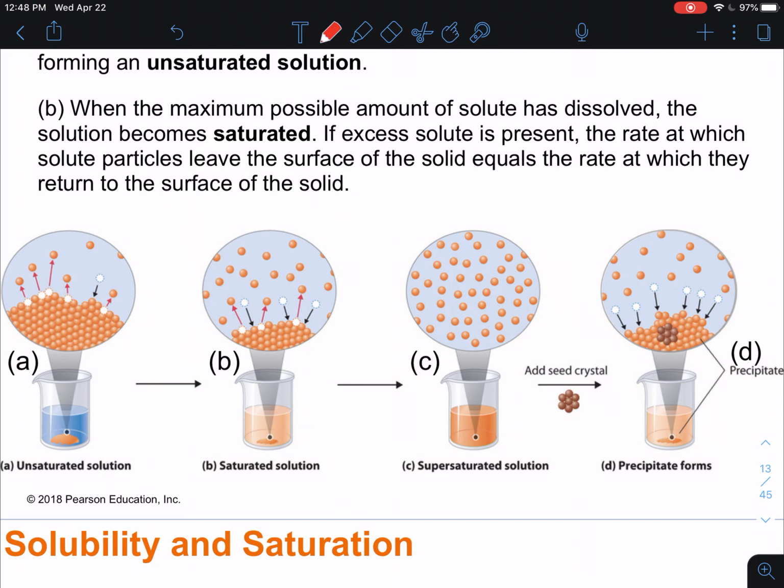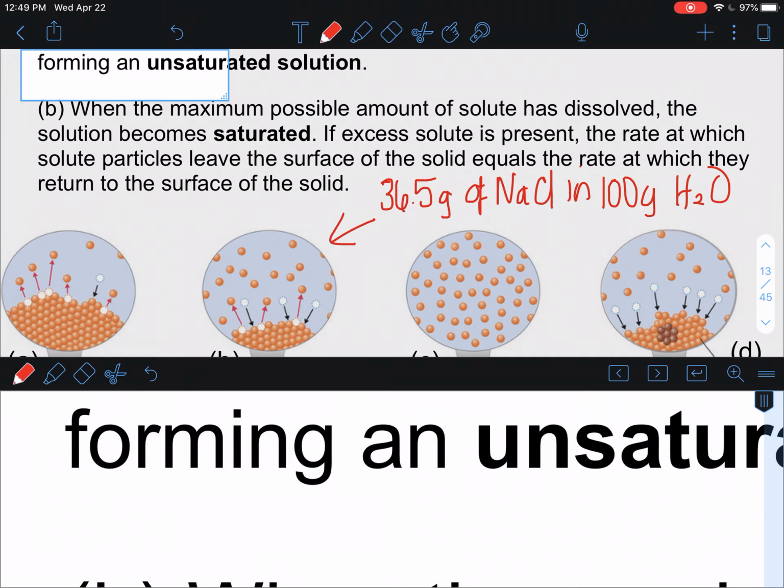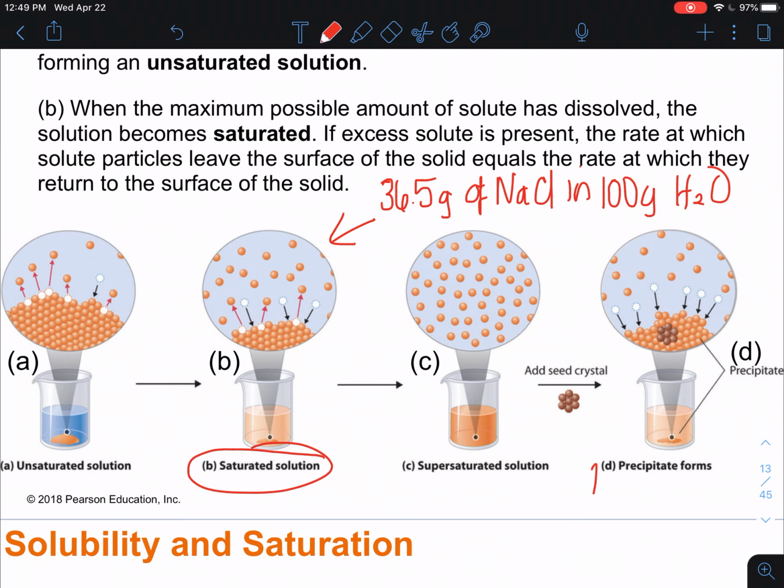Okay, so an example of this would be if we have, we'll say, 36.5 grams of sodium chloride in 100 grams of water. All right, it's definitely a saturated solution, okay, because it's the maximum capacity, right, at 36.0 grams.